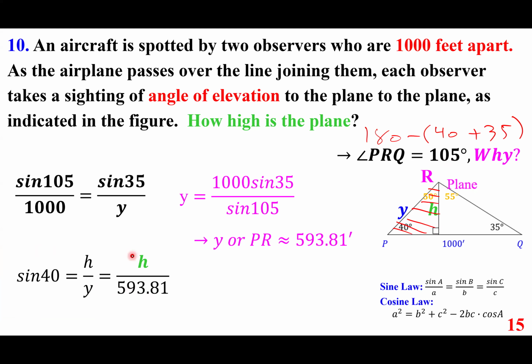If you multiply these two, it becomes h, y times sine of 49 degrees. And it's about 381.69, close to 382 feet. That would be the height of the plane.